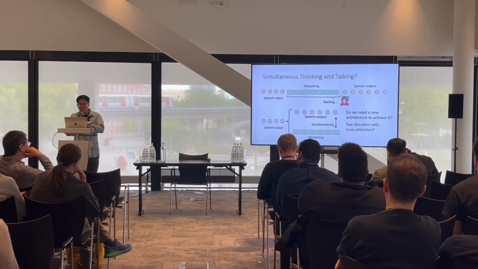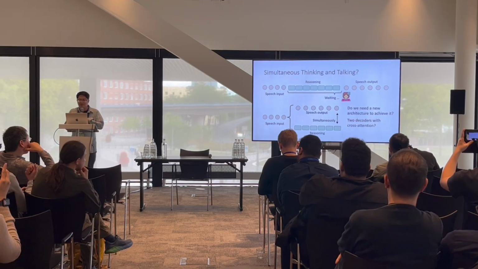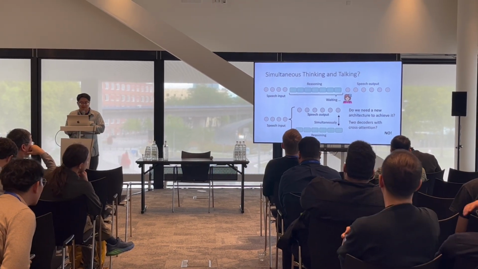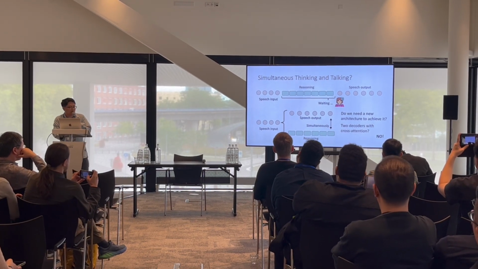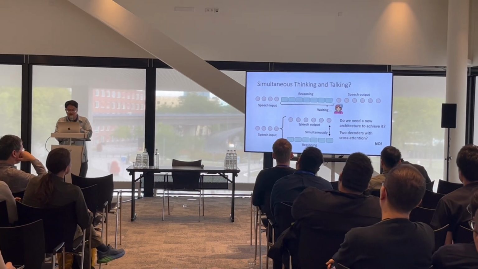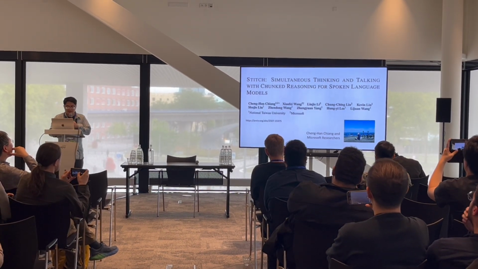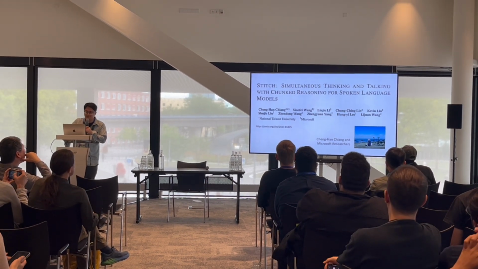Originally, I thought we probably needed a new network architecture, probably two decoders with cross attention. But now we found that it is unnecessary. You can use the typical language model architecture to achieve simultaneous thinking and talking. We call this idea Stitch, and it was invented by my PhD student Chen Han and a group of Microsoft researchers.